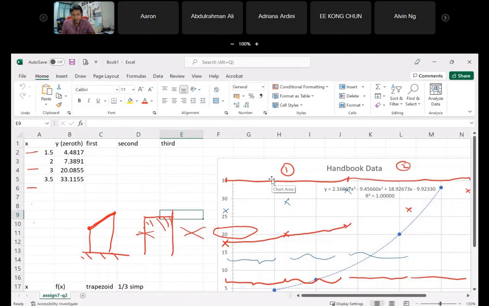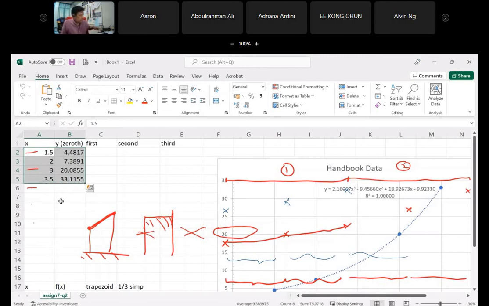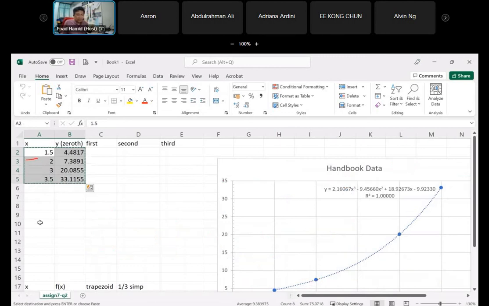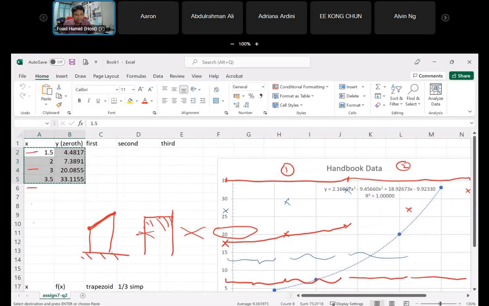Oh, never mind, I'll just copy. I'll open a new one because something is wrong. I don't know what's wrong with my Excel here, or maybe I do not know how to use this Excel. Let's copy the data. This is from the textbook. Don't save. Open a new one.